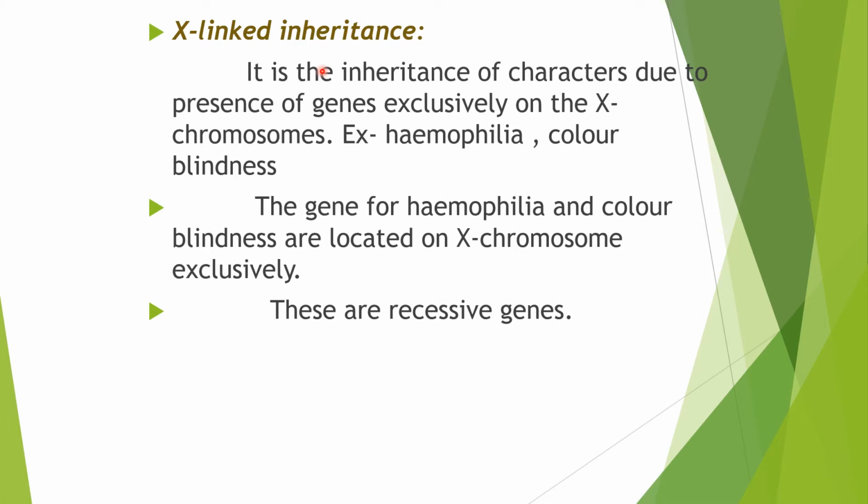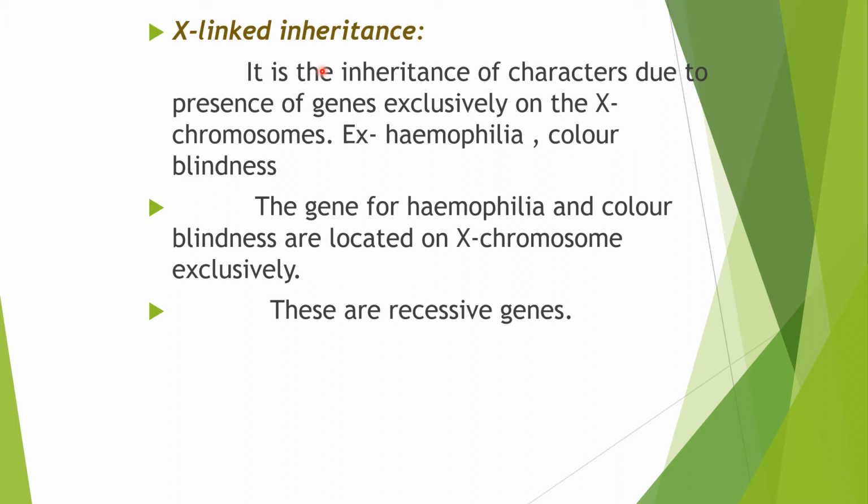Now, the allosomes in males are represented by X and Y, and in case of females, they are denoted as X and X. Or in other words, females have two X chromosomes, whereas males have one X and one Y chromosome as allosomes.